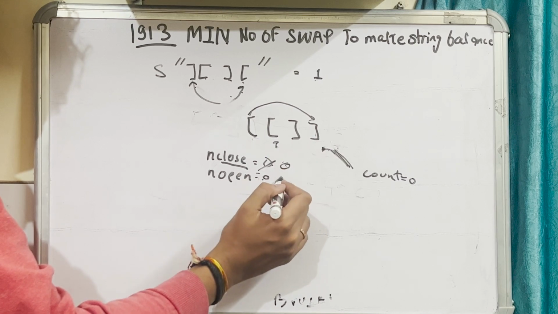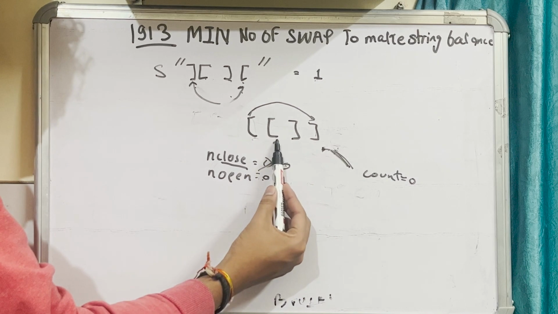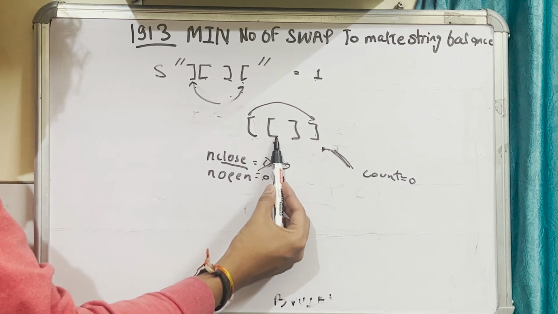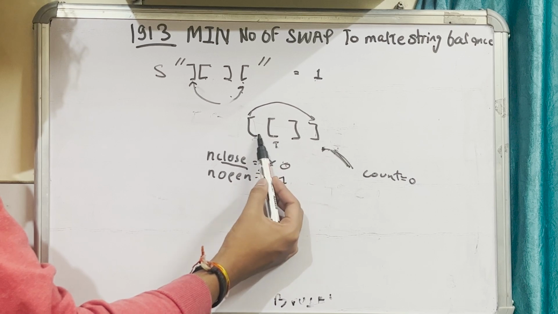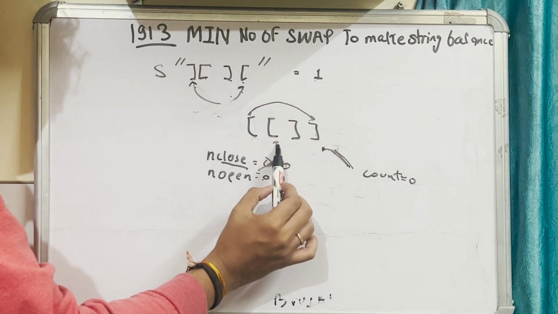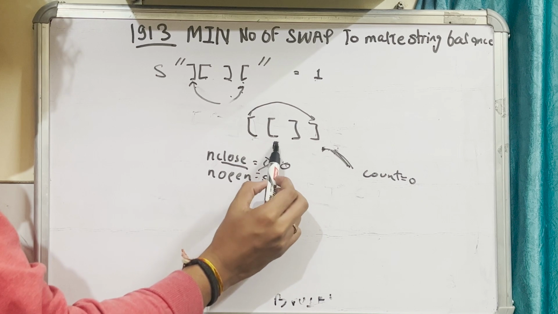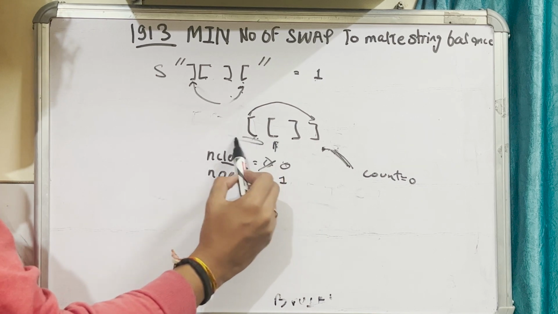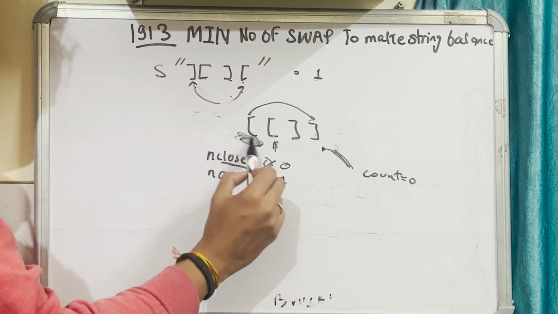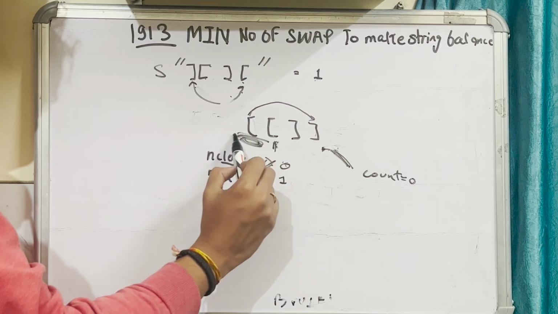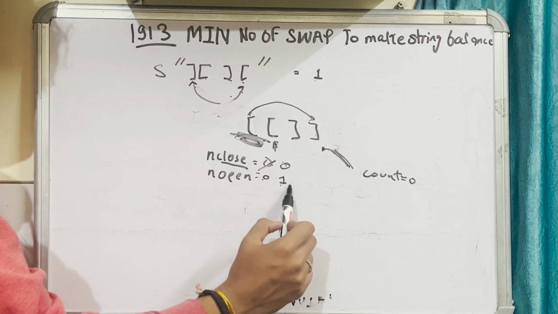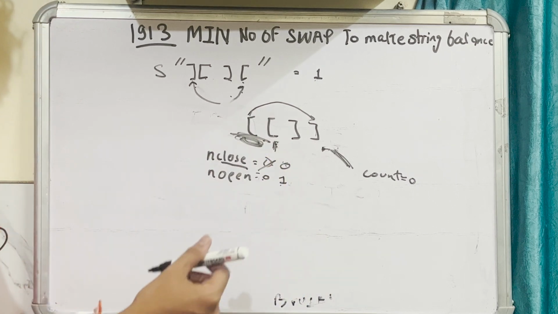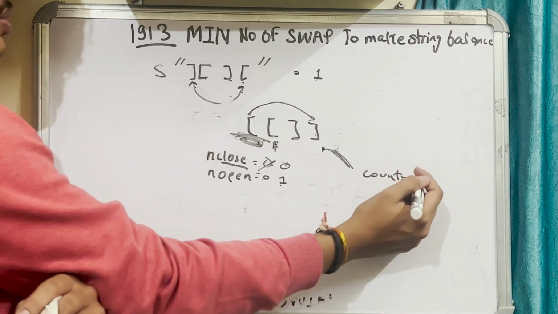The number of opening will increase by 1, because if your i pointer is here, before this you have an opening bracket. Before this i pointer you just have an opening bracket, so you increase the count here. So the count changed from 0 to 1.